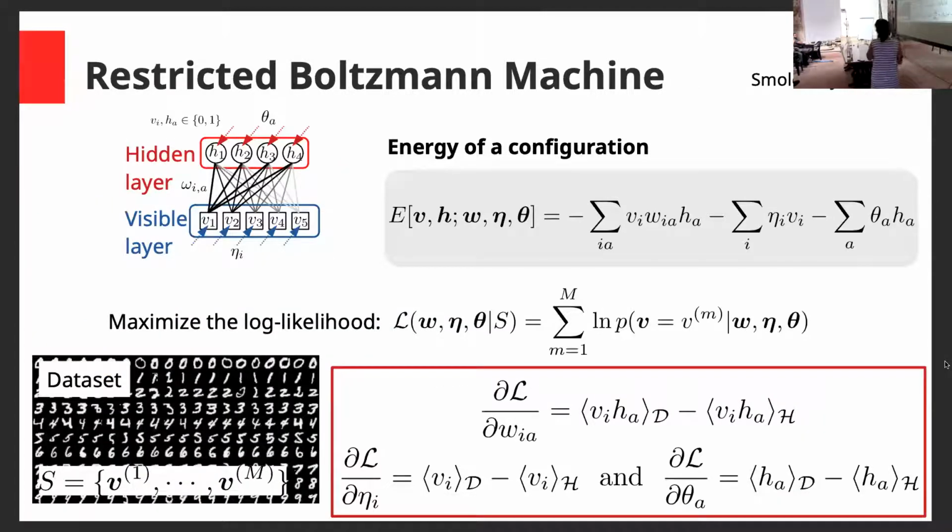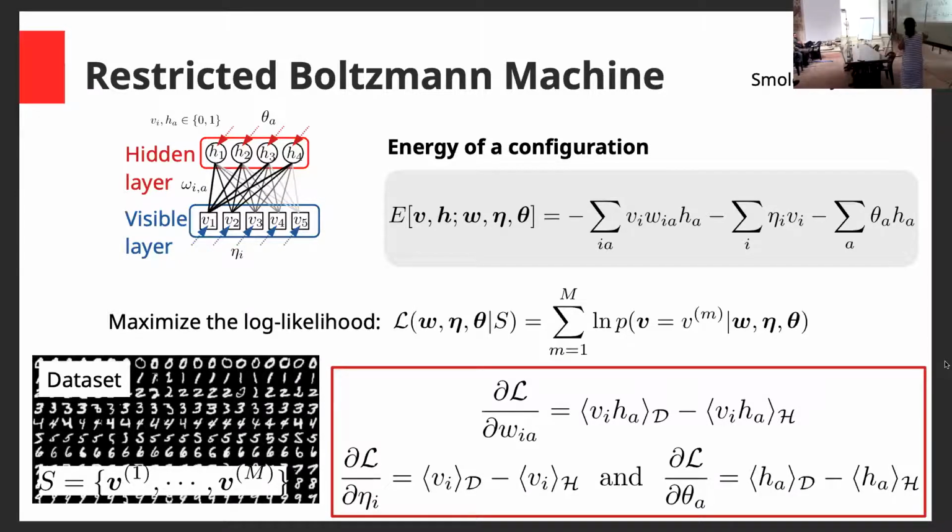Now, if we want to maximize, as I said, we have a data set that could be, for instance, digits, and we want to find the parameters, the W, eta, and zeta, that maximize the marginal probability of observing precisely the data set. In the RBM, the gradient of the log likelihood is quite easy to write.